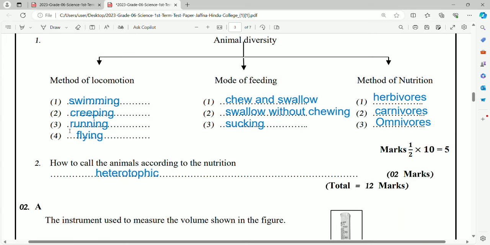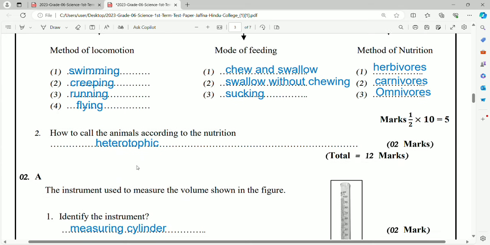How to call the animals according to nutrition? All animals are heterotrophic. Most plants are autotrophic. Animals are heterotrophic because there is no chlorophyll in the animal's body. So animals cannot carry out photosynthesis, and they depend on others for food.